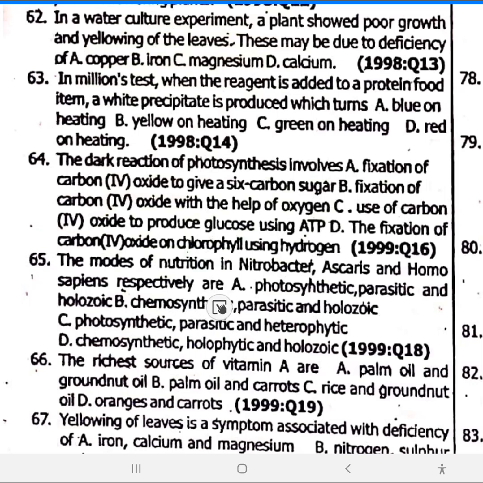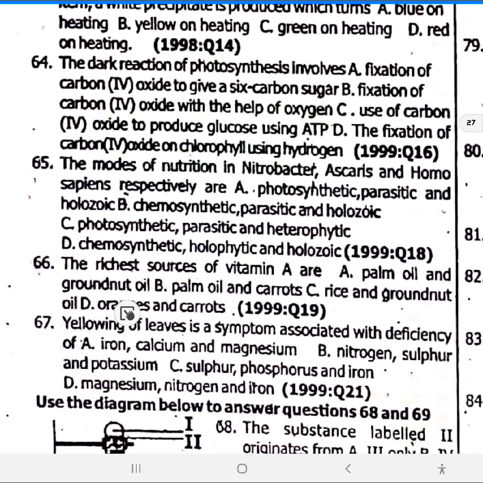Ascaris lumbricoides is a parasite, so parasitic. While Homo sapiens, like humans, we eat holozoically. 66. The richest source of vitamin A are palm oil and carrots. 66 is option B. Palm oil and carrots, that's the richest source of it.